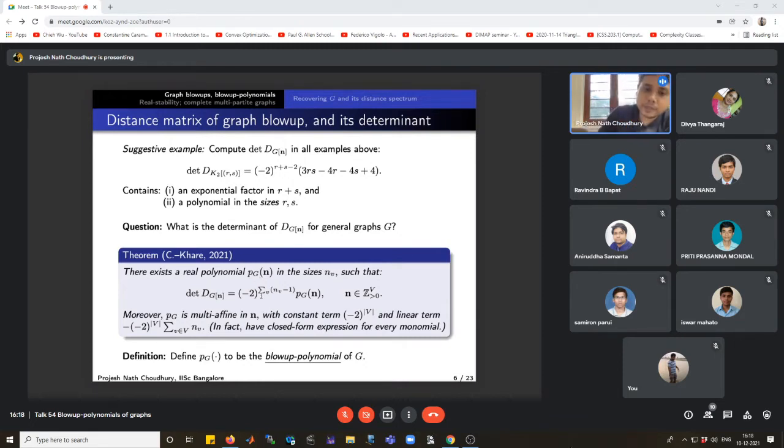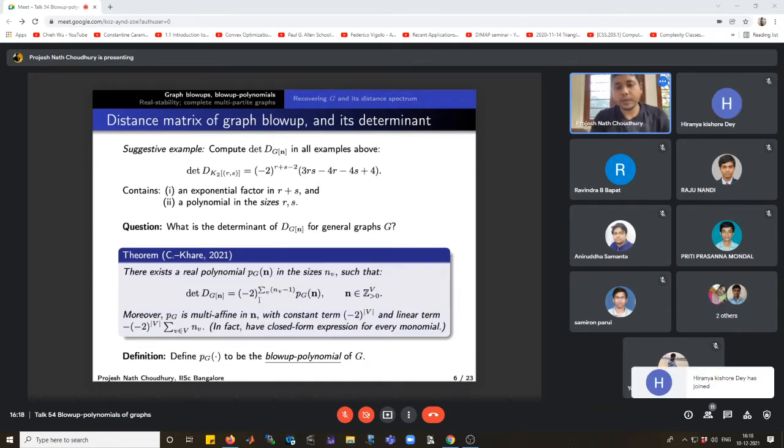Here the family is parameterized by this bold N, and G bracket N is the family for which the determinant is some nice exponential function times the multi-affine polynomial, and this covers our first goal.